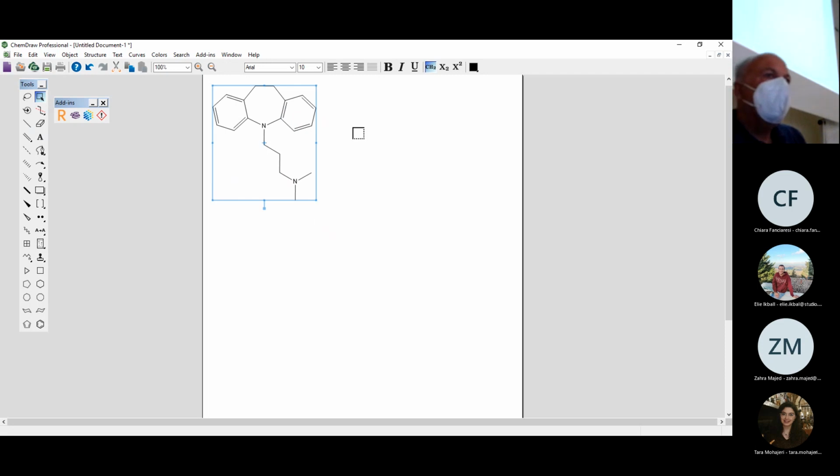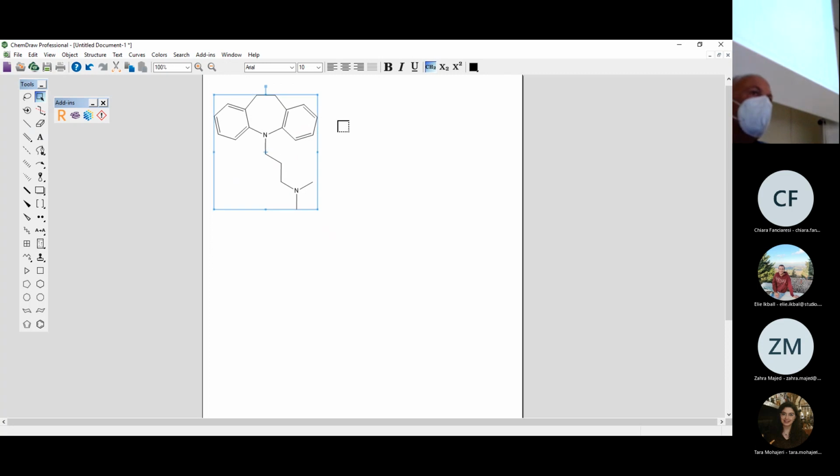A 676 system. How can we synthesize this system? We can apply the retrosynthetic approach here.